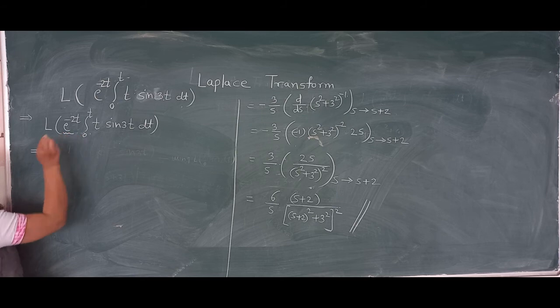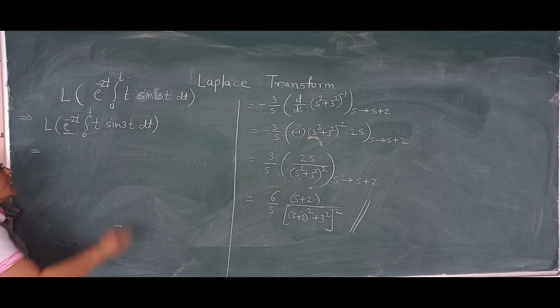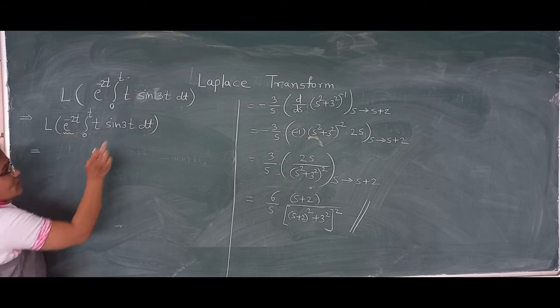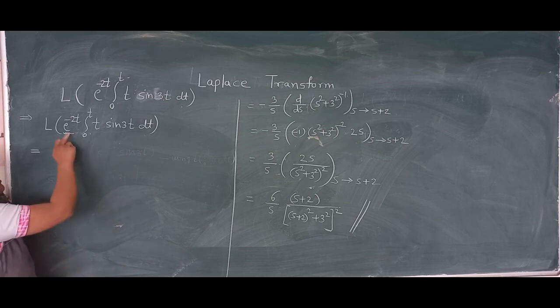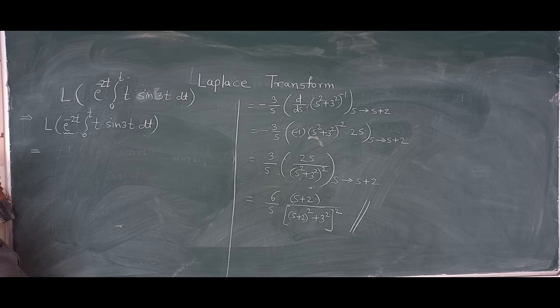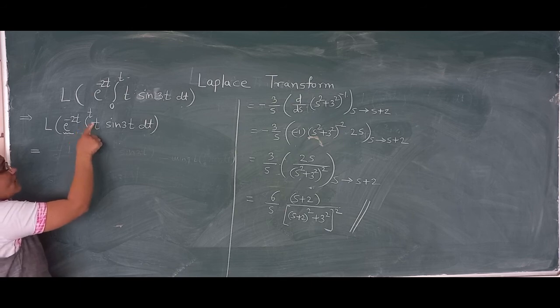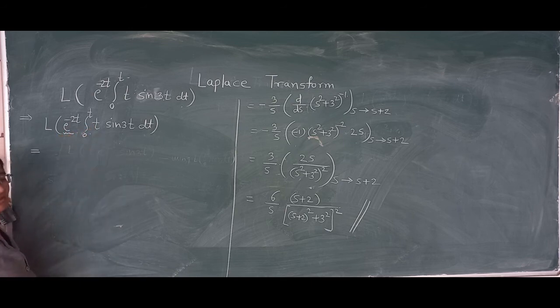first we have to apply the Laplace on exponential into function. So here we have to give the preference to the exponential into function property, not to Laplace of integration. Okay, because integration will not be applied on exponential.